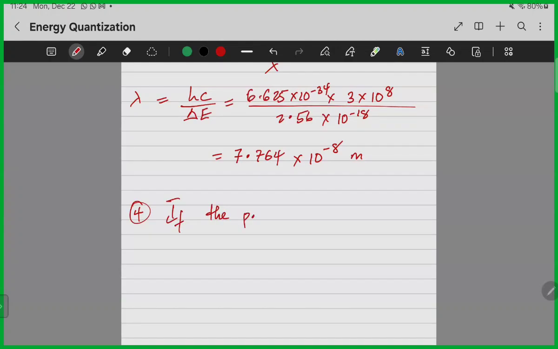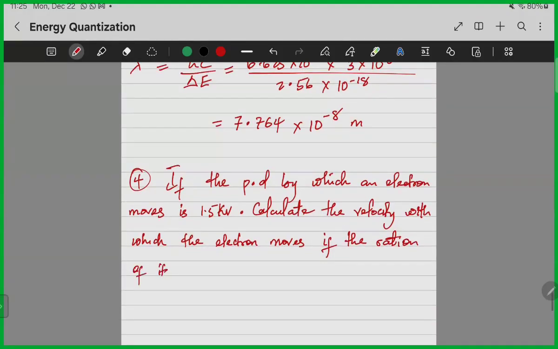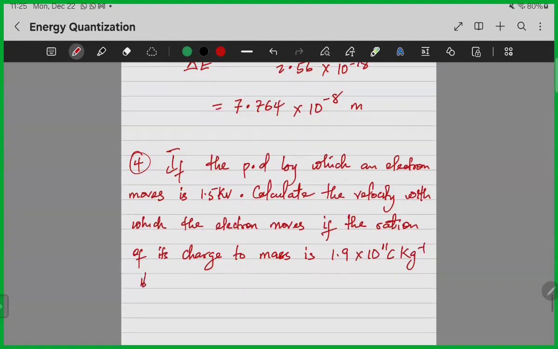If the potential difference, PD, by which an electron moves is 1.5 kilovolts, calculate the velocity with which the electron moves if the ratio of its charge to mass is 1.9 times 10 raised to power 11 coulomb per kg. And then also they ask you to find the kinetic energy.